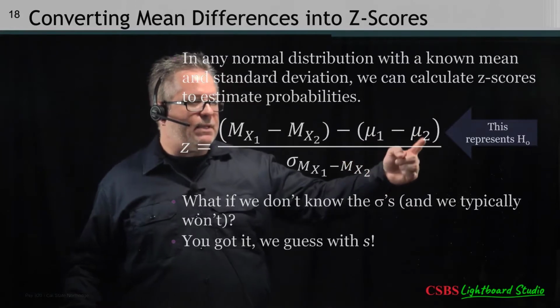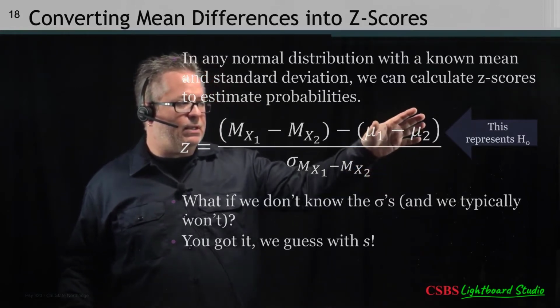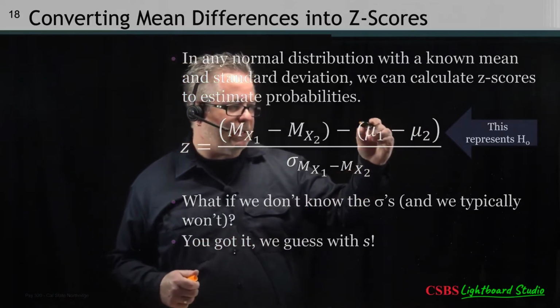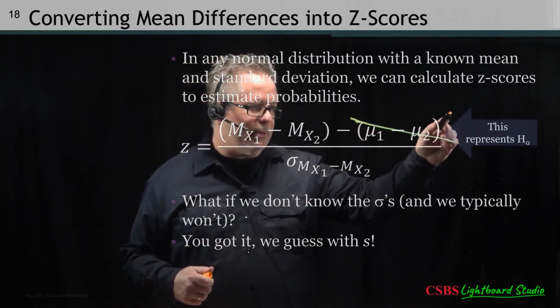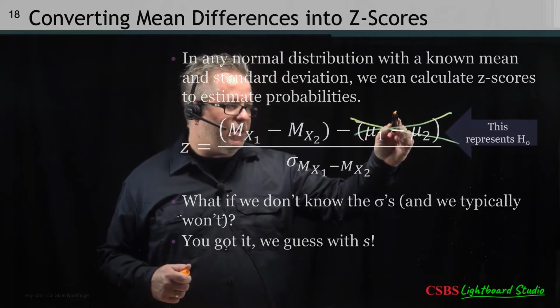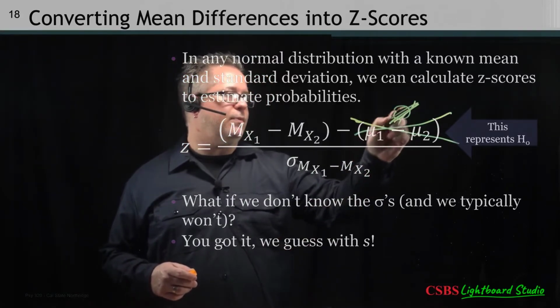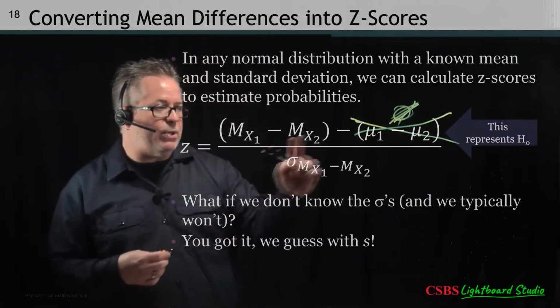And again, oftentimes this will be 0, so you're going to see that this will oftentimes go away. It doesn't have to be 0, but probably 9 times out of 10 this is going to be 0 because we're assuming that the populations are not different from each other. The only difference that occurs is because of what we do to them.